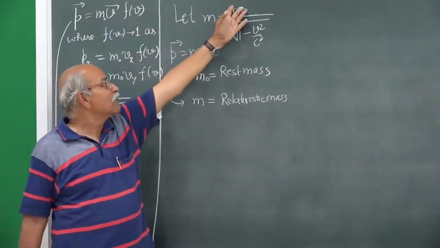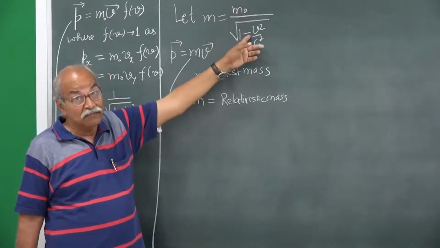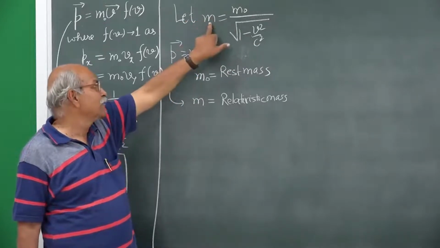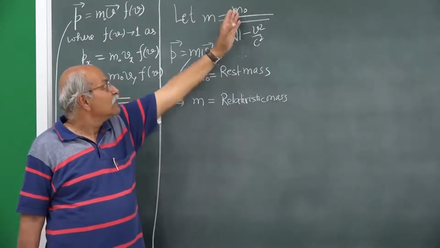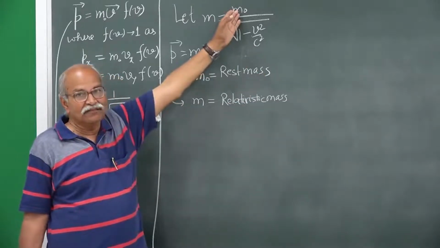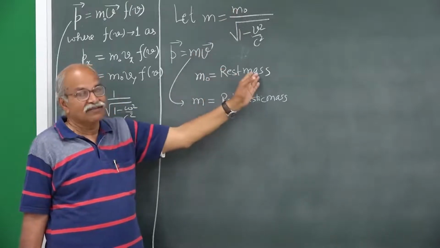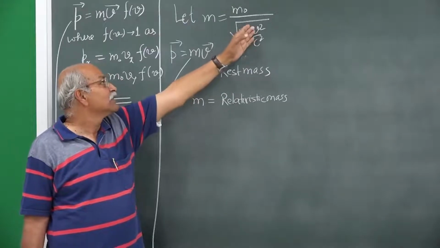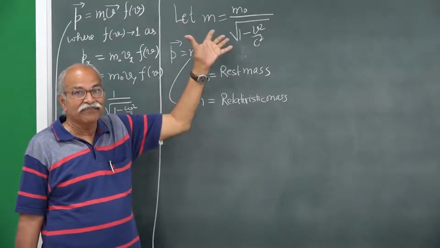So, construct this quantity which will depend on speed. You can write this as m and give it a name, relativistic mass, and the normal textbook mass of the particle is called rest mass. And of course, if v goes to 0, then the rest mass and the relativistic mass are the same.